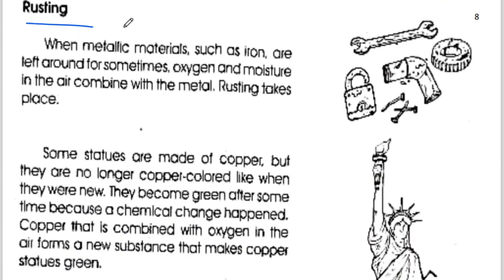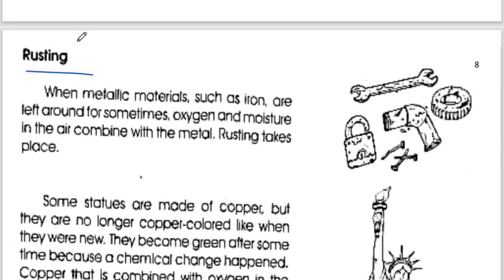Next, rusting. Rusting also is an example of the chemical change. In Bisaya term, when we say rusting, katong mga iron or mga puthaw or mga lata nga nangataya na. Taya na sila.